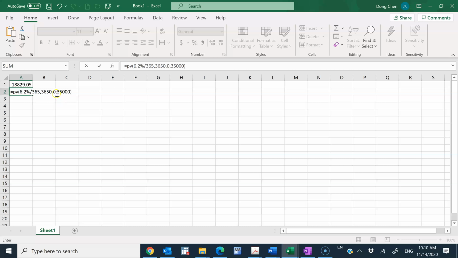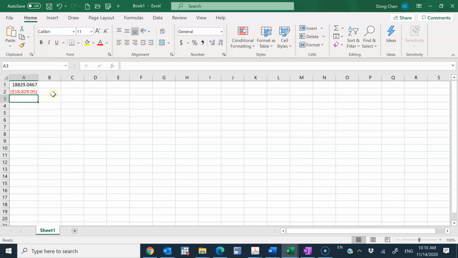If you just type $35,000, you'll see that we get a negative number, but the absolute value based on this PV function in Excel will be the same as what we directly calculated using arithmetic in Excel.